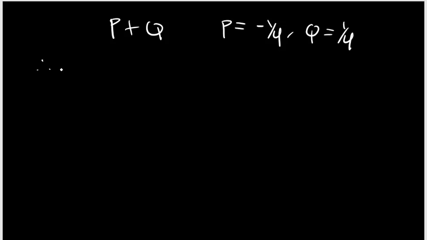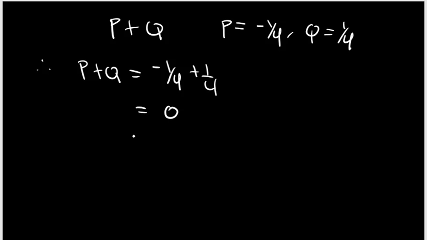Therefore, the p plus q will be equal to -1 over 4 plus 1 over 4, and this will give us 0. So we are going to have our p plus q being equal to 0, and that is the end of this question.